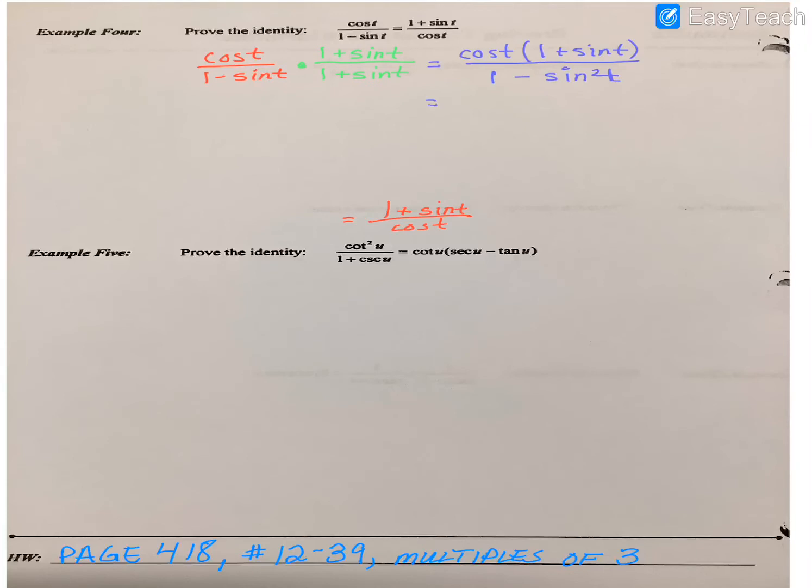Okay, focus on that denominator, guys. Is there something I can do there? 1 minus sine squared t, can that be manipulated from something else? And I hope you are thinking Pythagorean identity. Sine squared plus cosine squared is equal to 1.